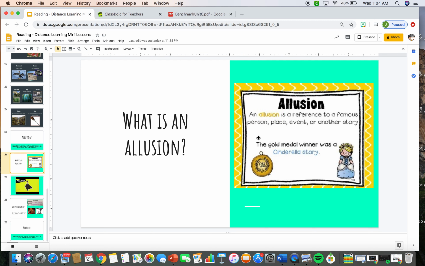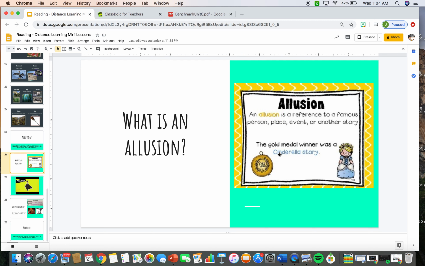So, the point of an allusion is that sometimes we are able to refer back to a famous story, a famous person, or a famous place to express a meaning. So the gold medal winner was a Cinderella story. Now, the words Cinderella story, we know what the story is about. Therefore, we know that it's probably the gold medal winner experienced being treated unfairly in the beginning of his or her life.